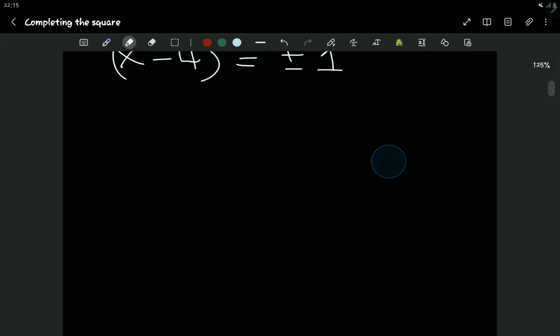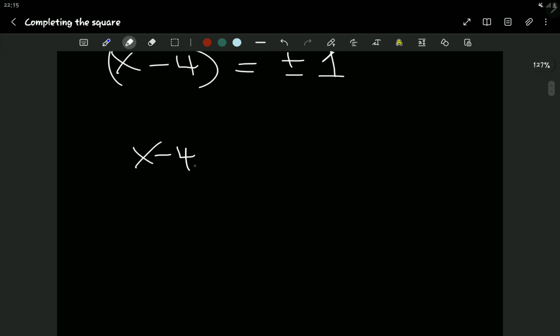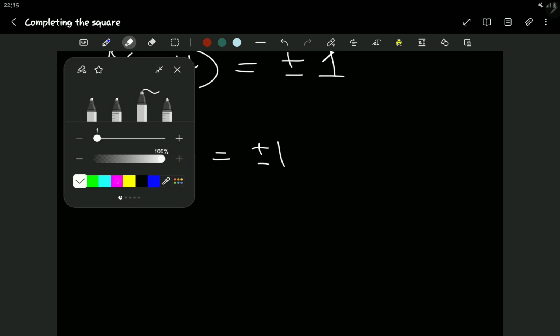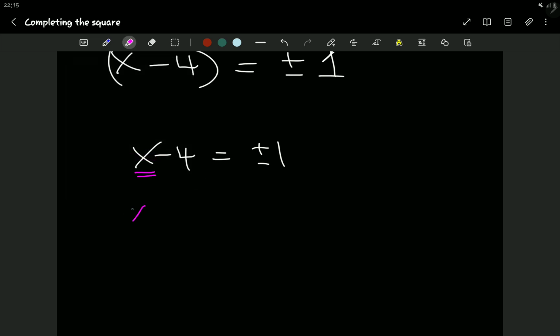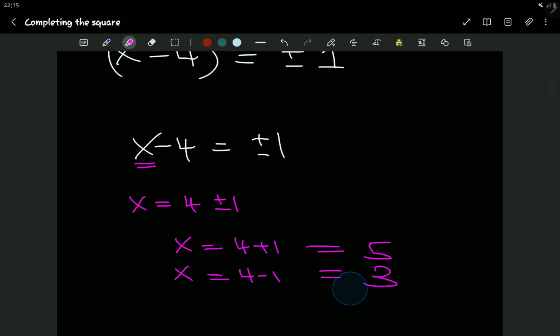So what does that mean therefore? x minus 4 is either plus or minus 1, meaning that x is equal to 4, plus or minus 1. And therefore x is either 4 plus 1, which is 5, or 4 minus 1, which is 3.